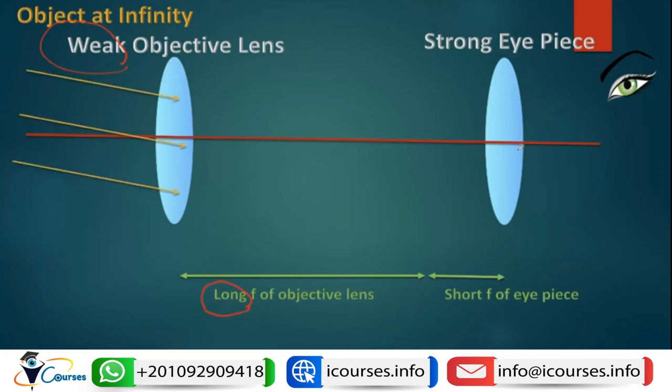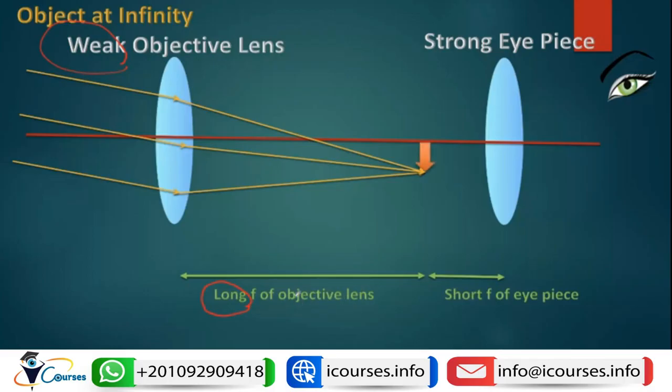So let's see now the illustration. The light rays enter the objective lens parallel, then they come to a focus. This focus is far away, placed at the F2 of the objective lens, like here. This leads to formation of an inverted real image at the principal focus of the eyepiece.